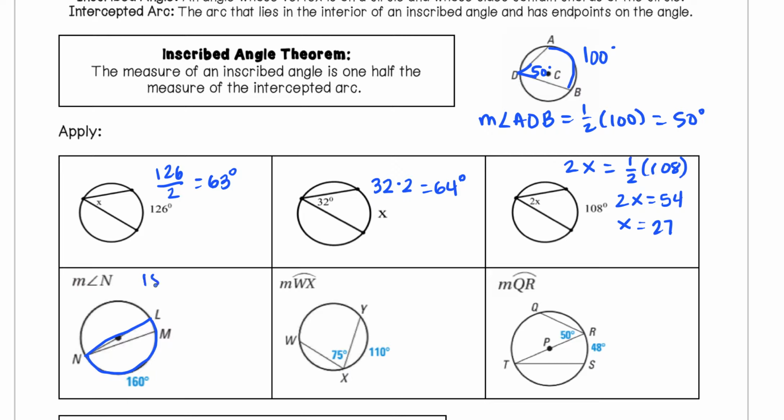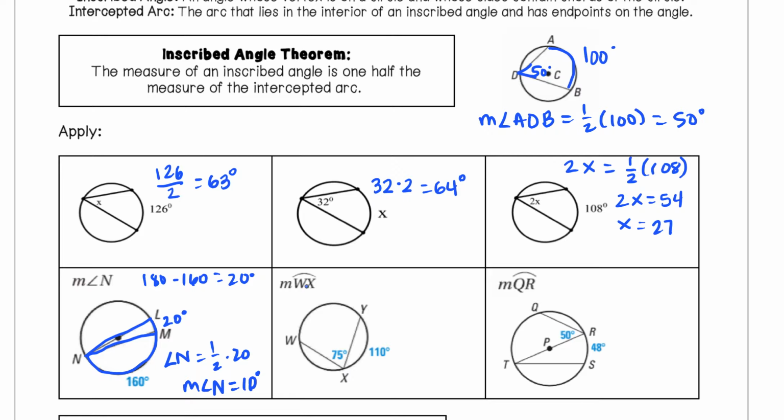So if we take 180 and subtract the arc that was given to us, NM, of 160, that leaves us with 20 degrees as this arc measure for LM. Well, if the intercepted arc is 20, then the angle N, this inscribed angle, needs to be 1/2 of that. So angle N would be 1/2 of 20, which is 10. So the measure of angle N would equal 10 degrees.